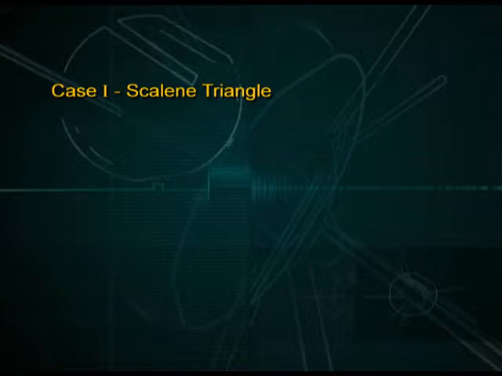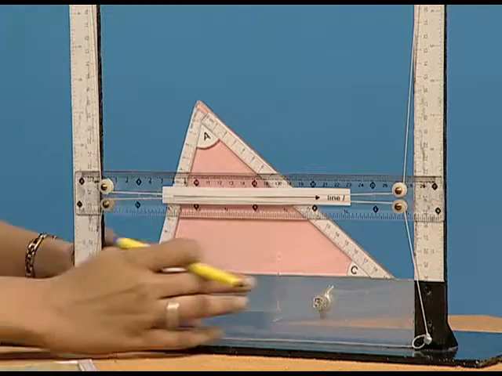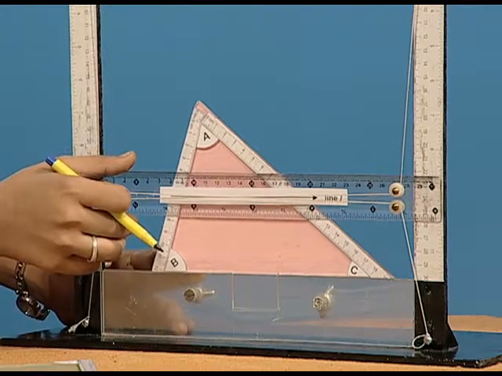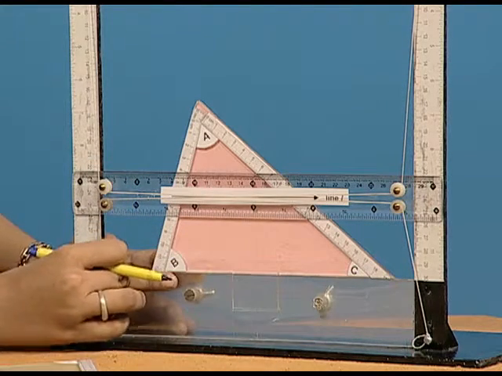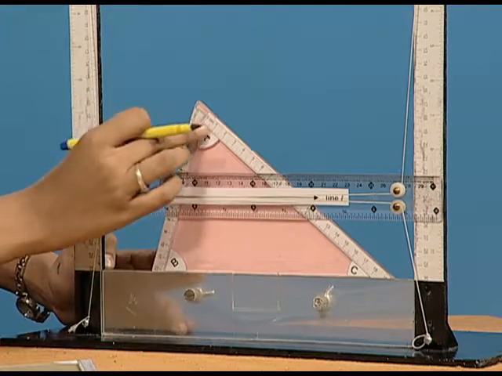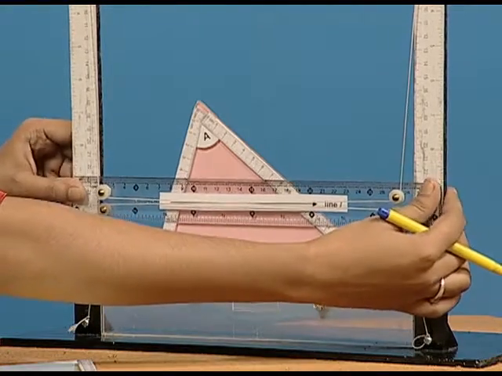Now you can see that this is a scalene triangle ABC, and this scale, which is representing the line L, is parallel to the side BC of this triangle ABC. Let us adjust the scale at some position.